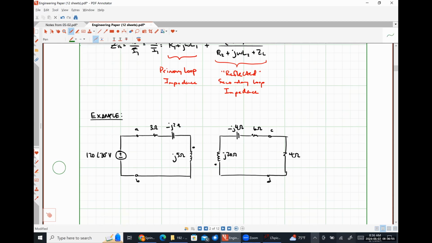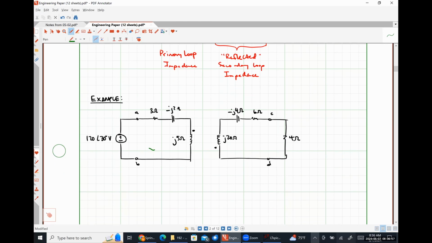Once again, I'm defining the mesh currents in such a way that they flow into the dotted terminals. And what I want us to find is the value of our mesh currents I1 and I2.